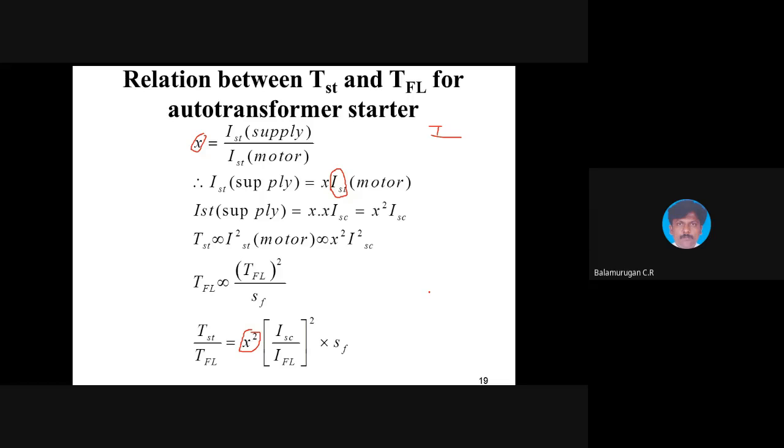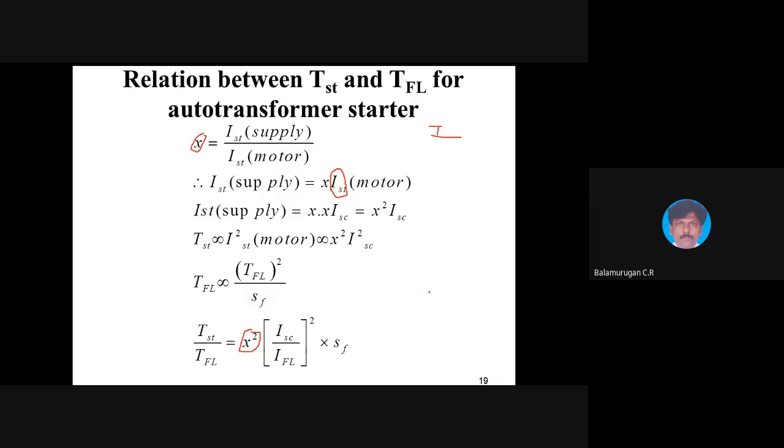So what is the advantage of this starter? This starter is also preferred for induction machines of more than 5 kilowatts. Compared to the stator resistance starter, the power loss will be less. It will be expensive compared to the stator resistance starter.